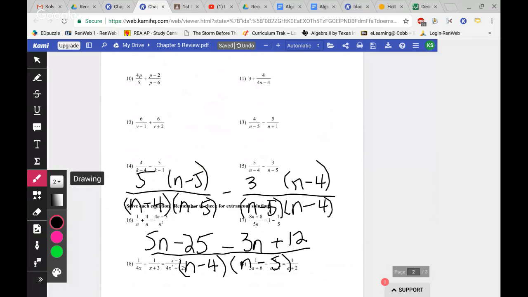Then I will combine like terms. So 5n minus 3n gives me, and I'm going to write it up here, guys, 2n, and then negative 25 plus 12 is going to give me a negative 13 all over that big denominator that we created.